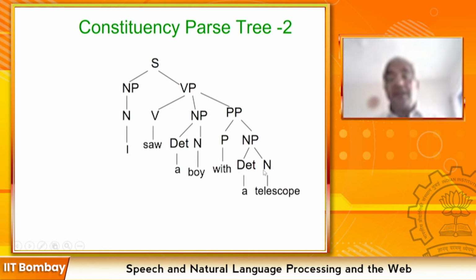Then determiner and noun, does it give rise to an NP? It so happens that in this case it gives rise to NP. But it could have given rise to some other phrase also, or some other structure also. So that would produce an ambiguity.